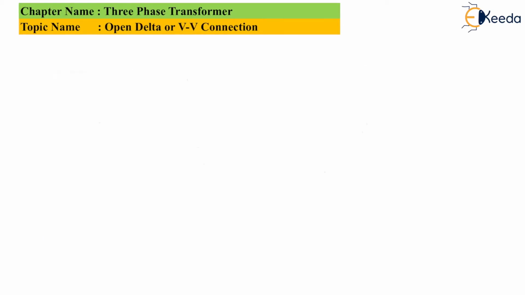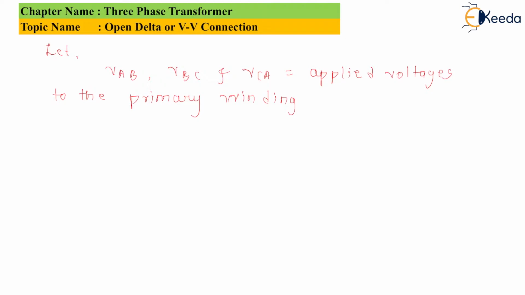Now let us try to assume certain values over here. So let VAB, VBC and VCA be the applied voltages to the primary. Now the voltage which is induced in the transformer secondary or LV winding, let us denote it with small letters.